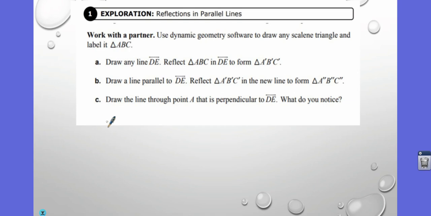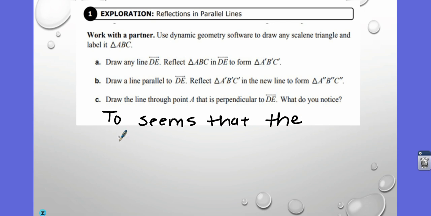That's what we're going to write. It seems that the piece in the middle, and you know what? I want to go measure that.